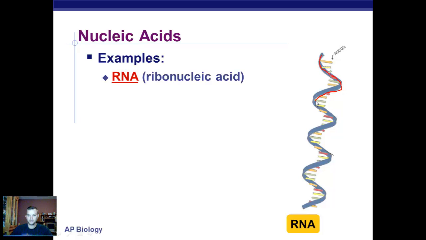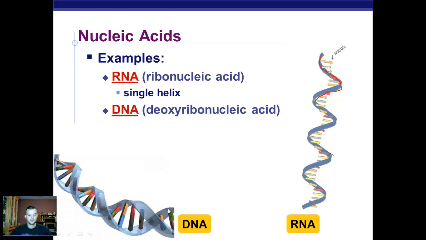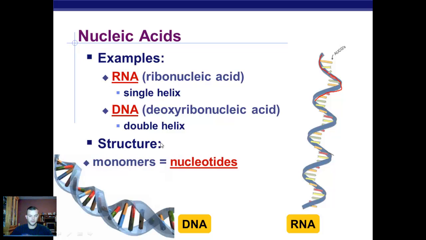So one of the things that makes RNA unique from DNA is it's a one-sided strand. So we call that a single helix. Then we also have the DNA, which we call deoxyribonucleic acid. And the DNA is two-sided, so we call it a double helix. So you can see obviously the RNA is single-sided, DNA has two sides.